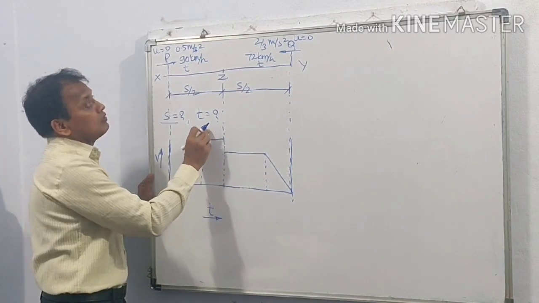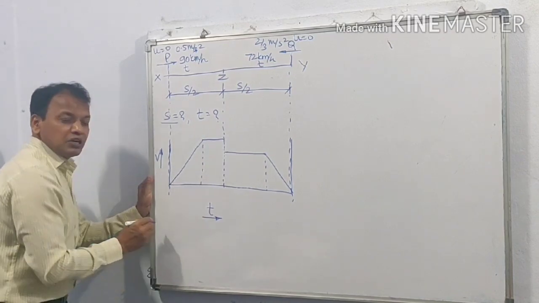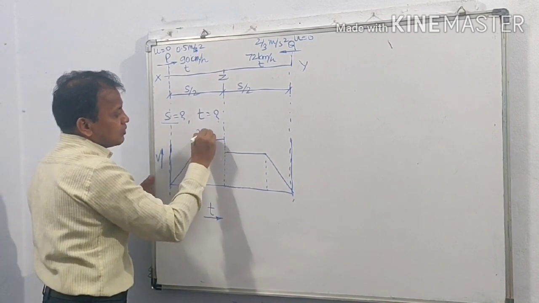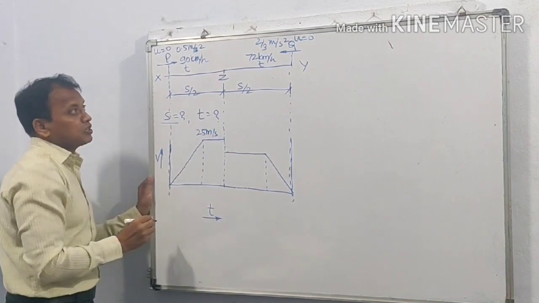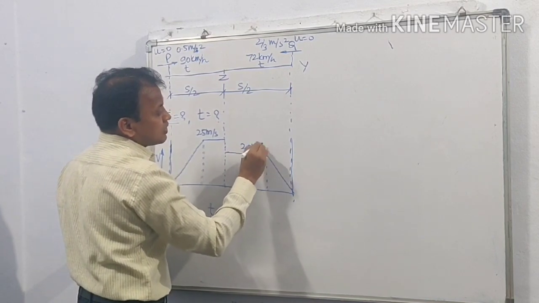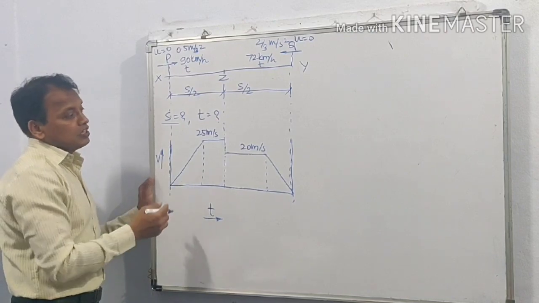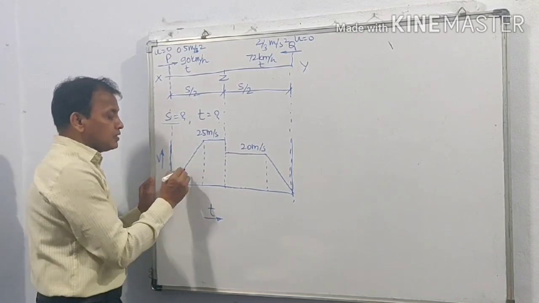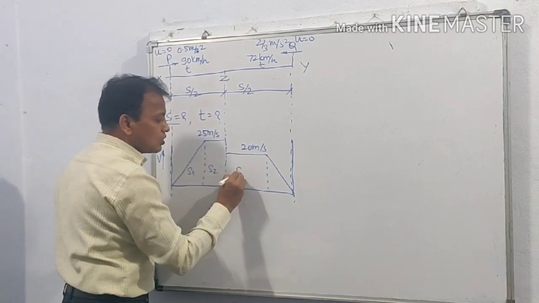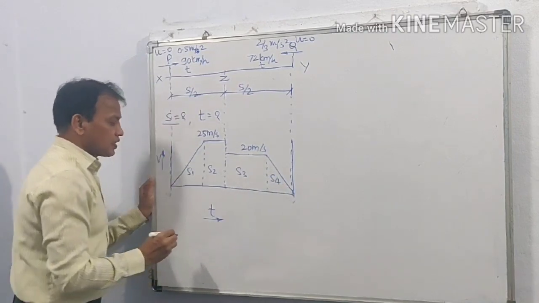Now here the velocity is 90 km per hour. So 90 km per hour means 25 meter per second. This velocity is 25 meter per second and this velocity is 20 meter per second. 72 into 5 divided by 18, that is 20 meter per second. Distance traveled here is S1, S2, S3 and S4.